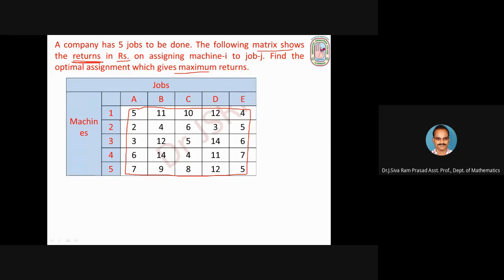We have to find the optimal assignment which gives maximum returns. Here the nature of the entries in the matrix are returns or profits. In general, returns and profits are to be maximized. So by observing this problem, the given assignment problem is a maximal assignment problem.